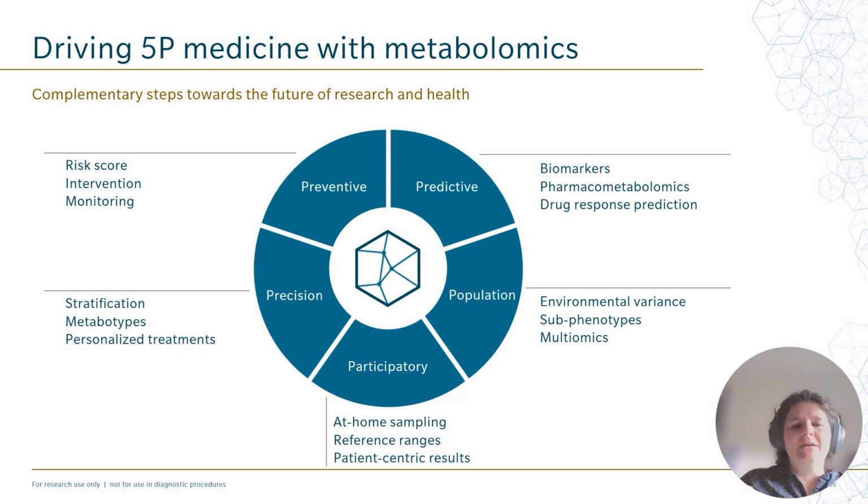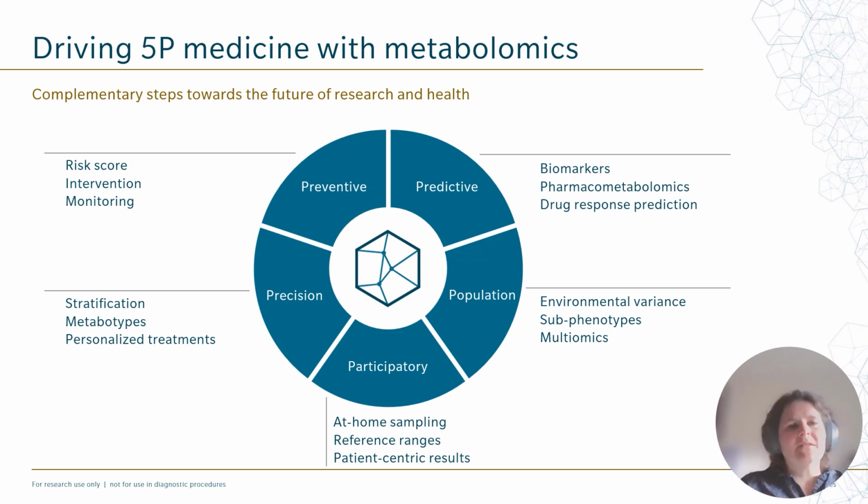And when you look at medicine through the lens of 5P medicine, you look for preventive, predictive, precision, population-based, and participatory medicine angles, and ways to use science and research to promote these relatively novel ways of doing medicine.